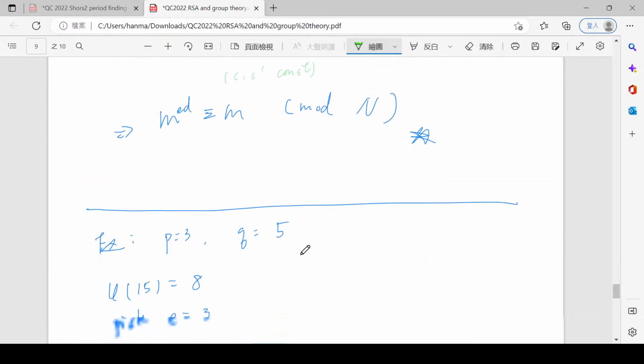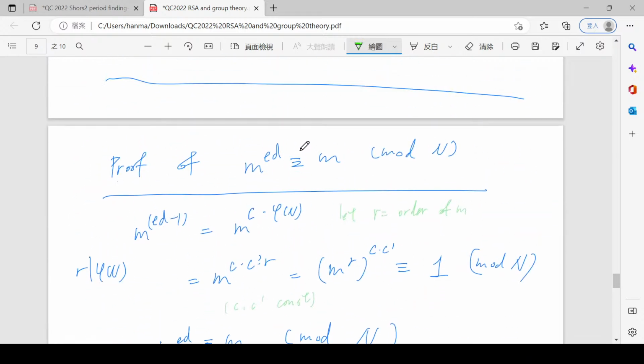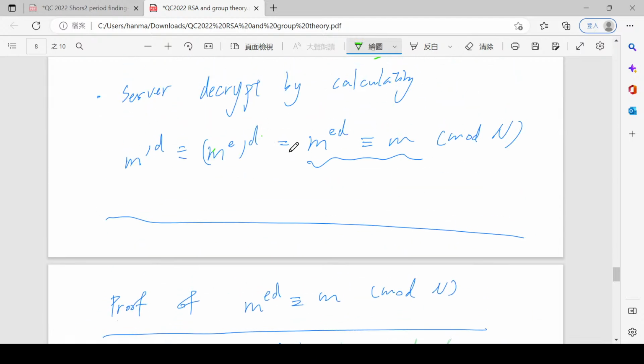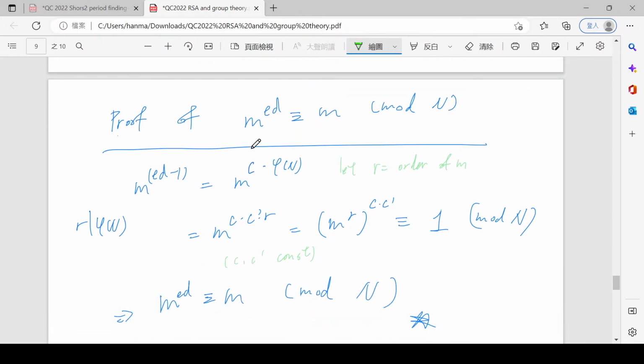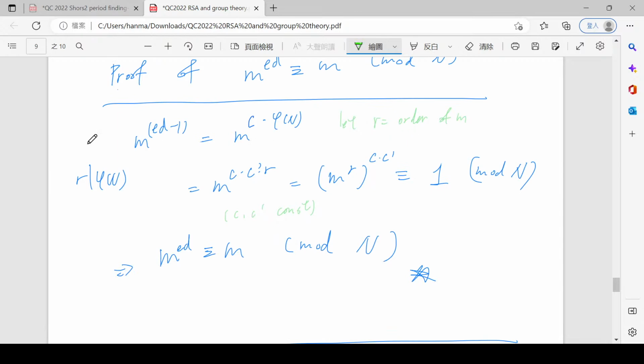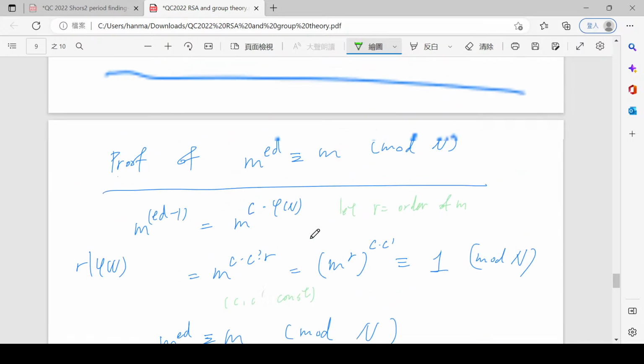This is the only part where we actually need to use all the group theory we talked about. So why does M to the ED equal M mod n?